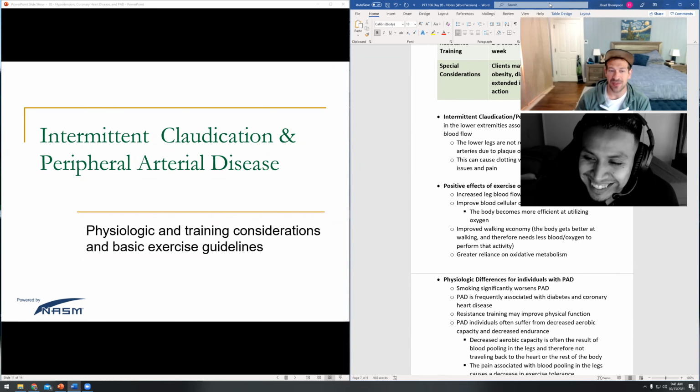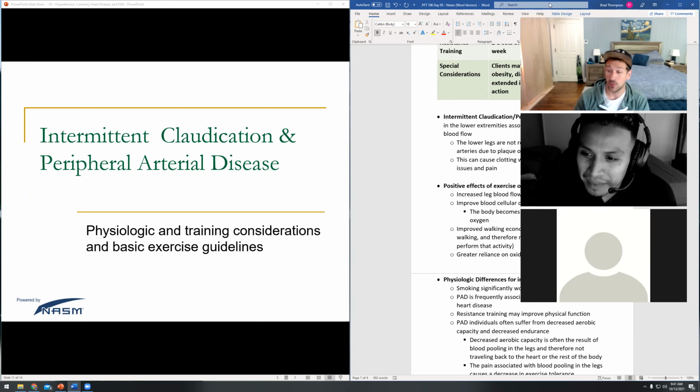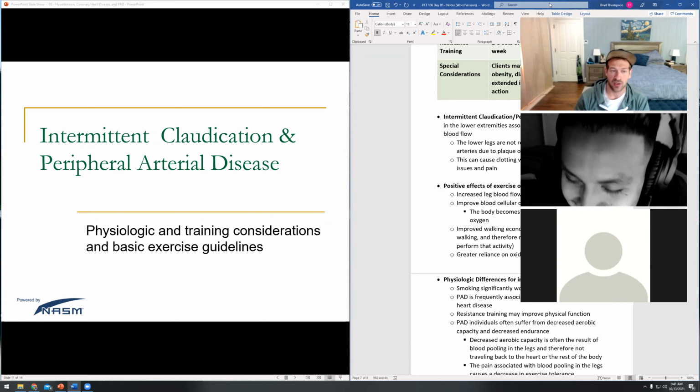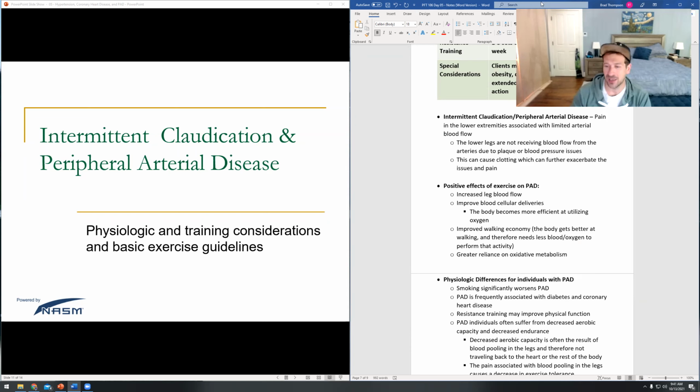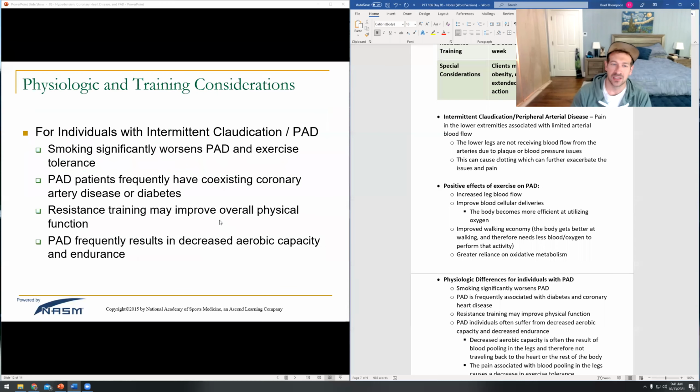Love it. So last one we've got PAD, peripheral arterial disease. If you want to be all fancy about it, we're going to call it intermittent claudication, which is basically blood clots. So that's not great. For clients who have PAD, what this is, is pain in the lower extremities associated with limited arterial blood flow.